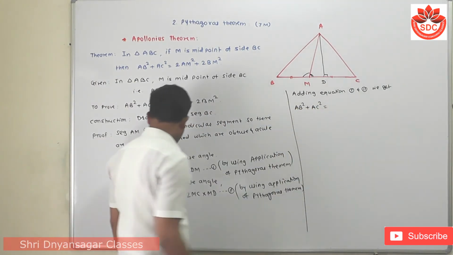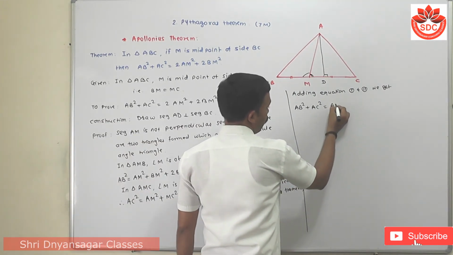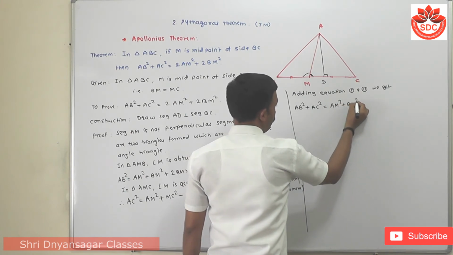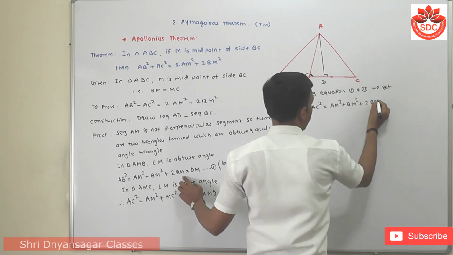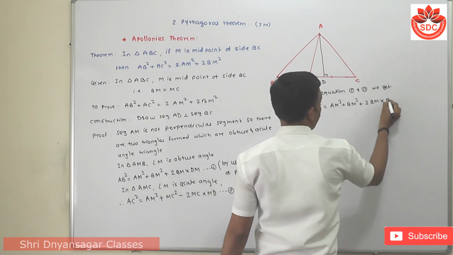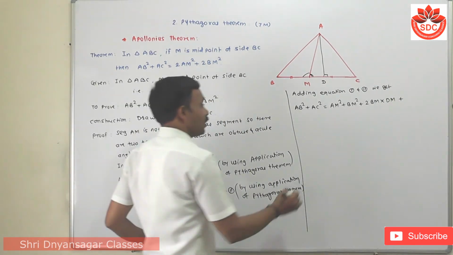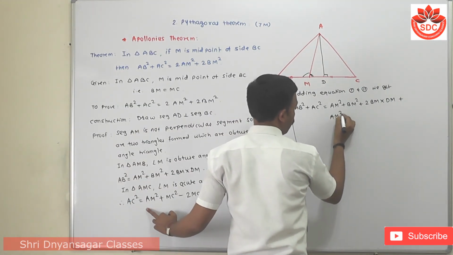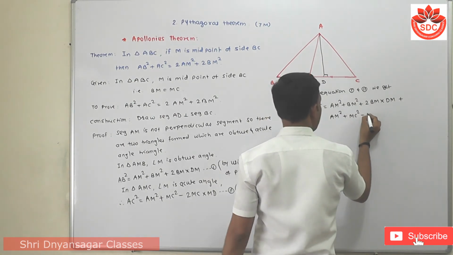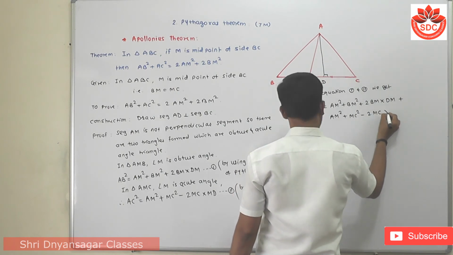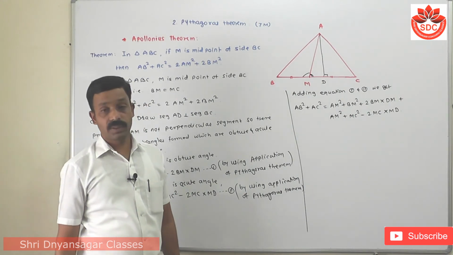The value of AB square is AM square plus BM square plus twice BM into DM, plus AC square is AM square plus MC square minus twice MC into DM. This is the addition of these two equations, first and second.